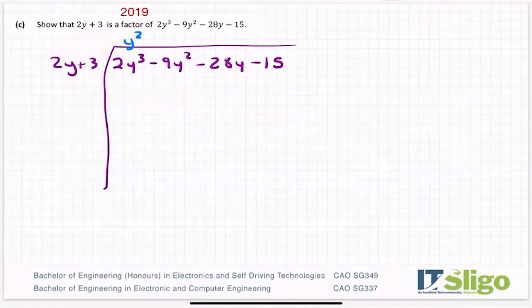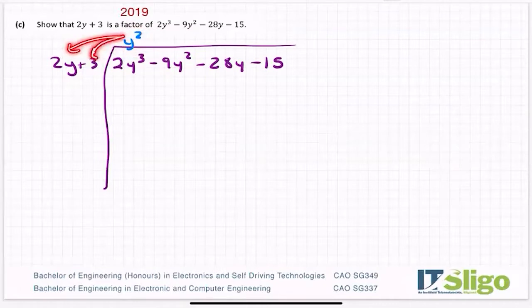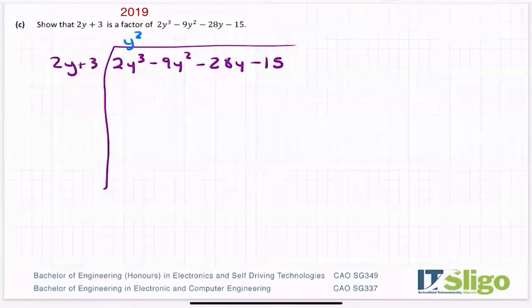Okay, so I don't pay any heed to the 3 or the second term, the numerical term, when I'm working out this bit, but I do when I'm multiplying the two together to put them here, to subtract them to get the remainder. This is the way you would have done long division in national school with numbers.